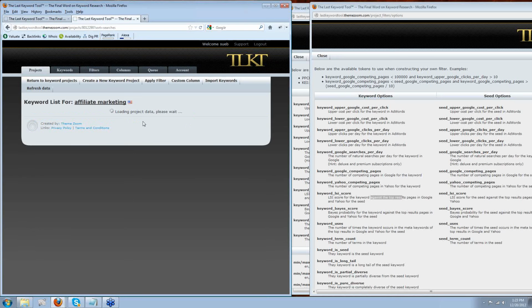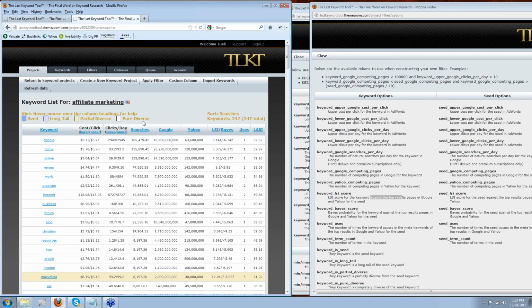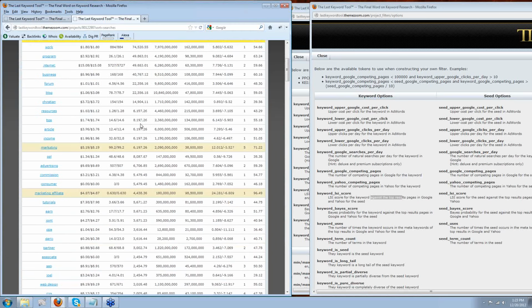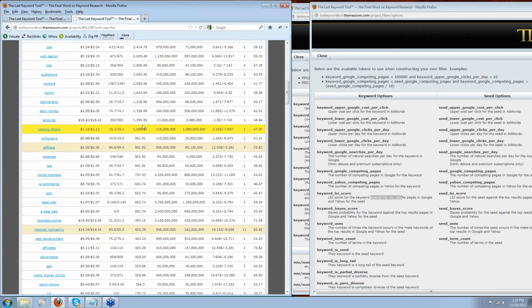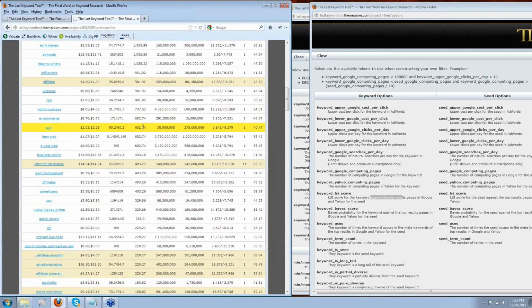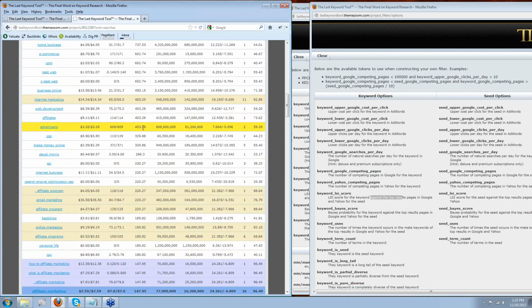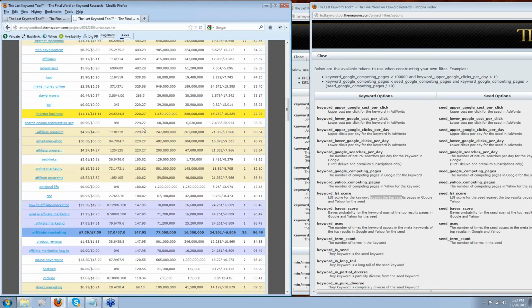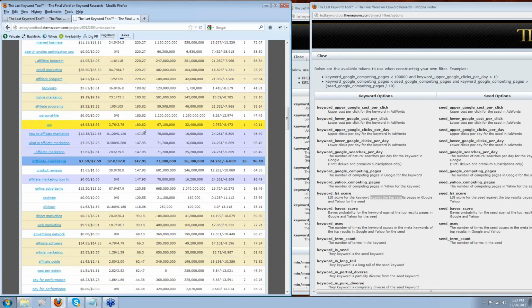What are you asking, Sue? Does the cost per click matter when you're finding a silo header? I think so. Well, what I was asking is if anybody sees why we're not getting more keywords when we're putting in that filter, because it seems like a bunch more ought to come back. The reason why I look at cost per click is because I want a keyword that's relatively valuable.